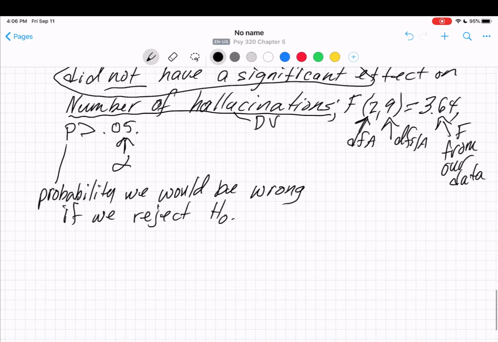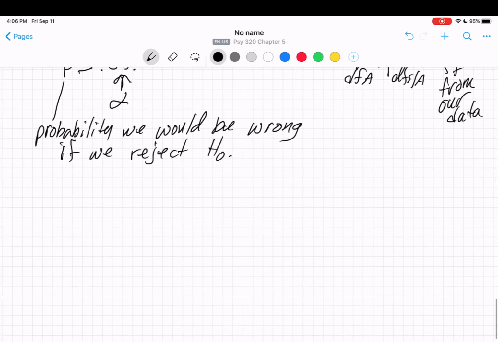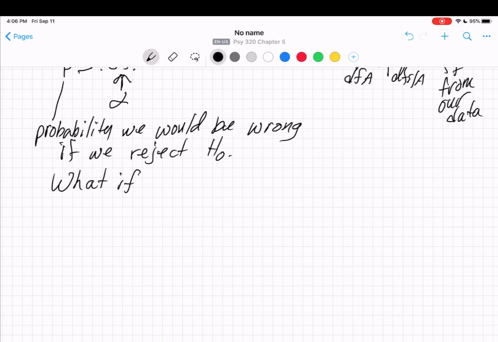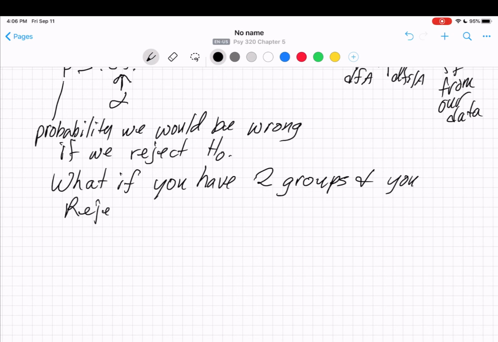Okay, I want to talk about one last thing before I end here, which is, what if you have two groups and you reject the null hypothesis?